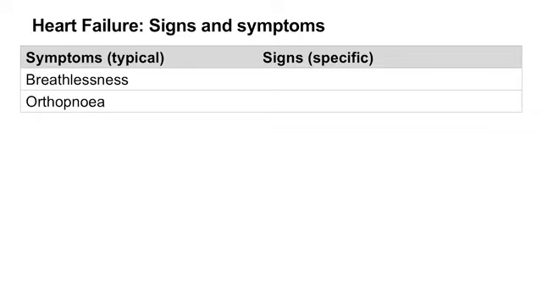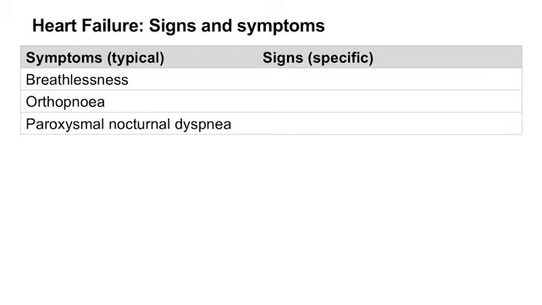He may also have orthopnea, meaning that the patient cannot lie flat in his bed because of his dyspnea, so he has to sit up in his bed to relieve his symptoms. And another very typical sign is paroxysmal nocturnal dyspnea. That is, if the patient wakes up during sleep with dyspnea, so he has to get up, sitting in a chair to get relieved. It's a very typical sign of heart failure.